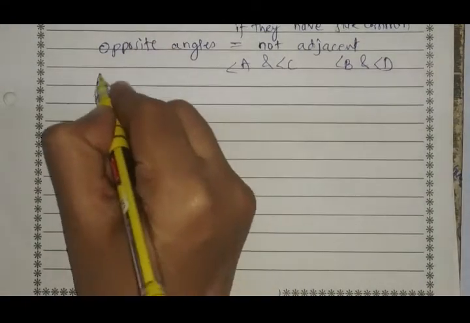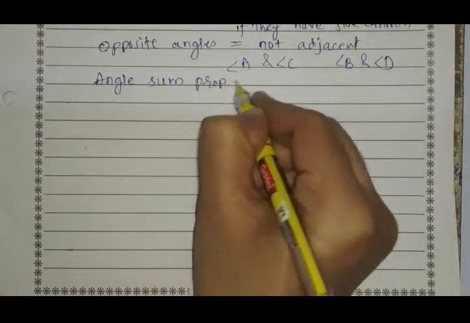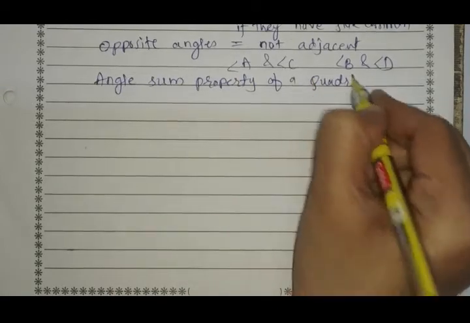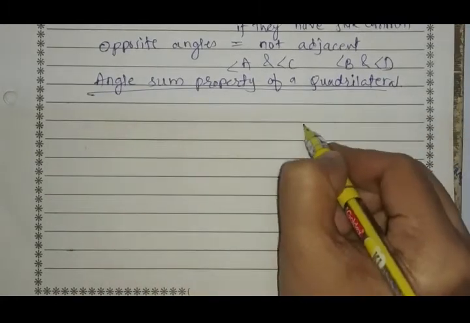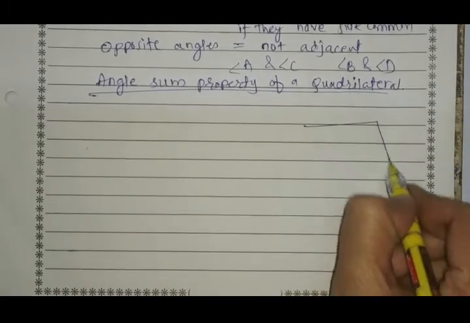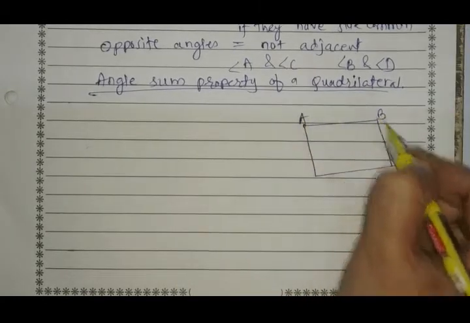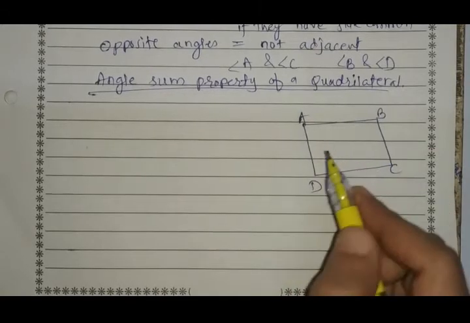Now we are having the angle sum property of a quadrilateral. Suppose this is one quadrilateral I am going to draw here, ABCD. I want to write down the angle sum property.